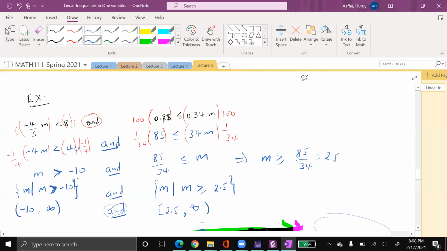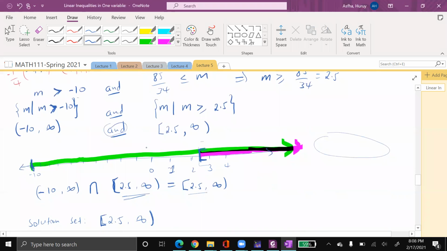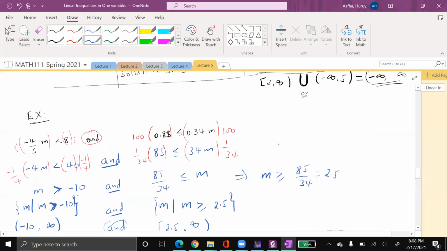And on this side, we have 0.85 less than 0.34 times 10, which is 3.4. So this number is less than that one. But if you try a number from this green area, let's say 0, that's easier. So -4/5 times 0 is 0 on the left side. 0 is less than 8, so it makes this one true.